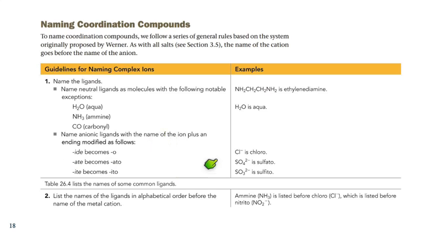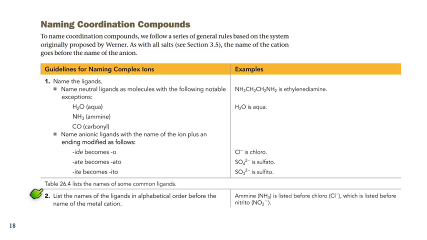So if you have chloride, the "ide" becomes O, and that becomes chloro. If you have an ion that ends in "ate," like sulfate, that becomes sulfato. And if it ends in "ite," like sulfite, it becomes sulfito. So basically, for these "ates" and "ites," you're taking off the E and putting on an O.